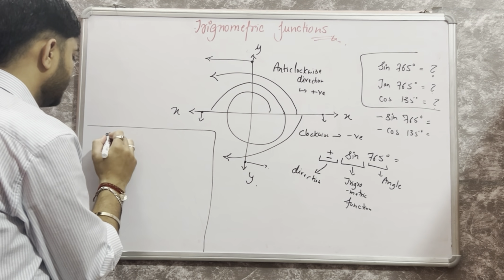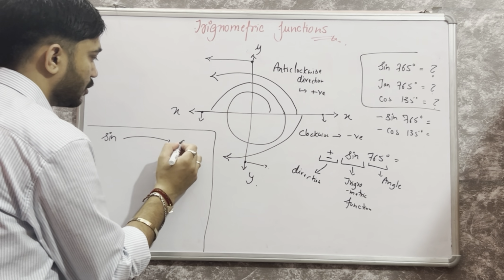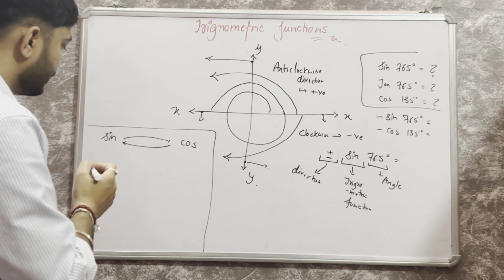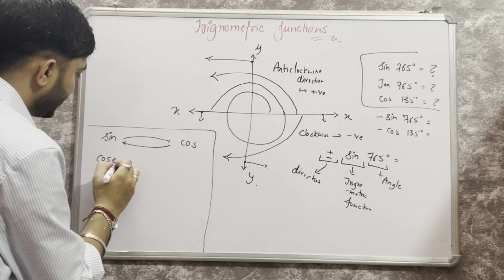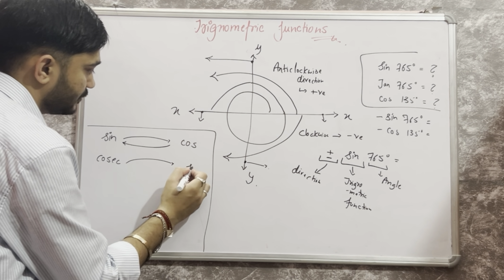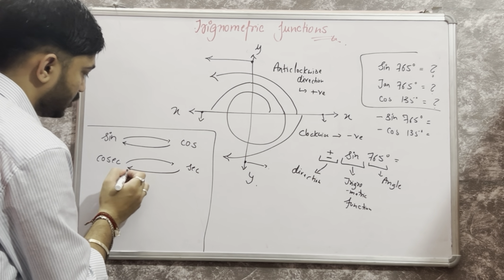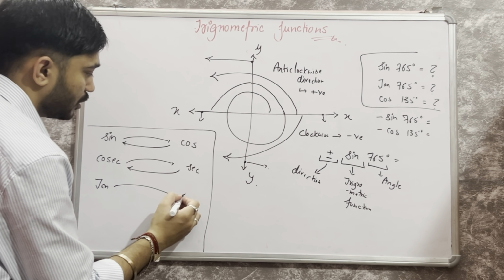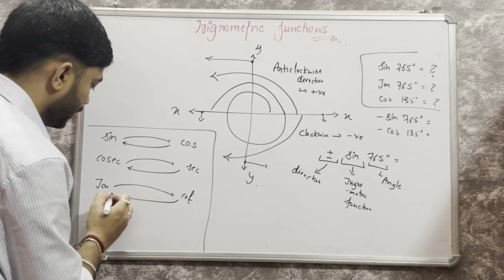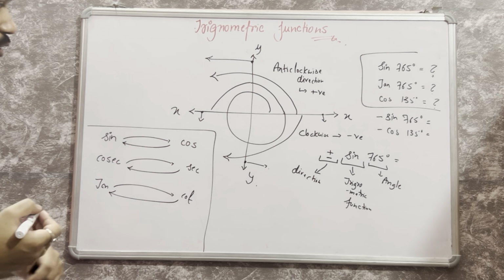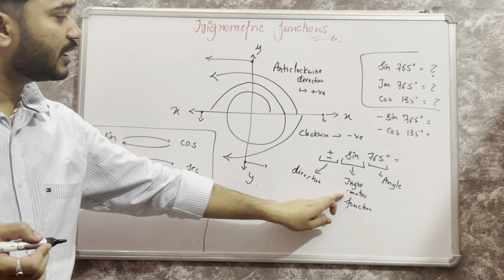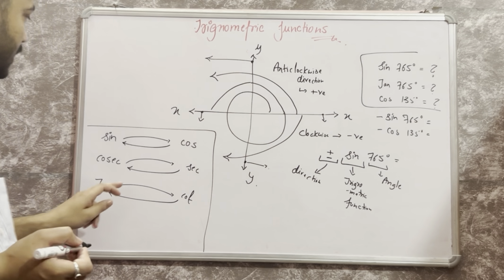That is, sine becomes cos and cos becomes sine. Cosec becomes sec and sec becomes cosec. Tan becomes cot and cot becomes tan. So if we stop on the y-axis, the name of the trigonometric function is going to change like this.